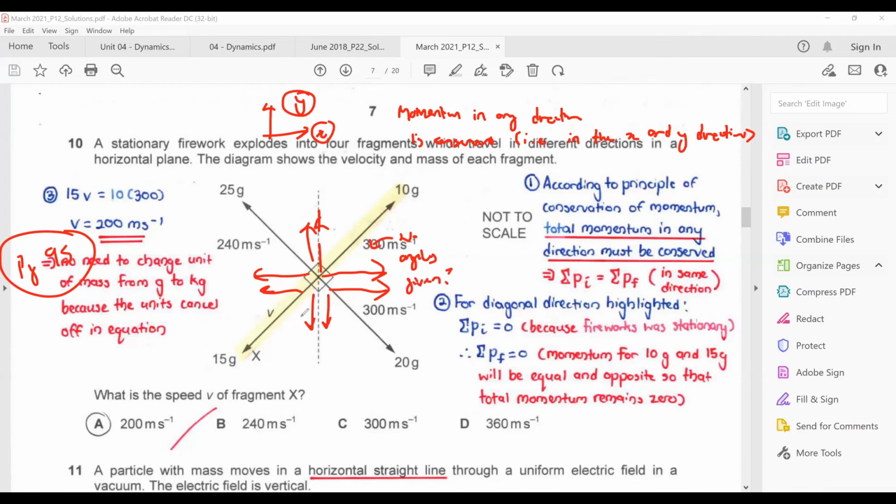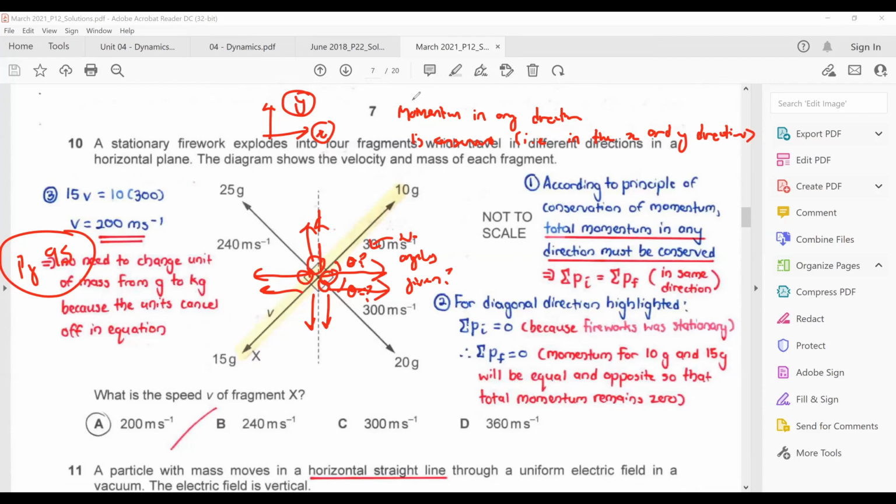You see here, there are no angles given to you. You know that there's 90 degrees, 90 degrees, 90 degrees, 90 degrees here, but they didn't really give you the angles. What is this angle here? And what is this angle here? They didn't really give you the angle. You can't assume that it is split equally as 45 degrees and 45 degrees.